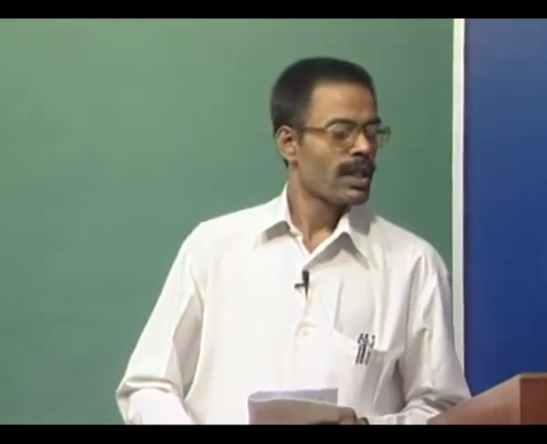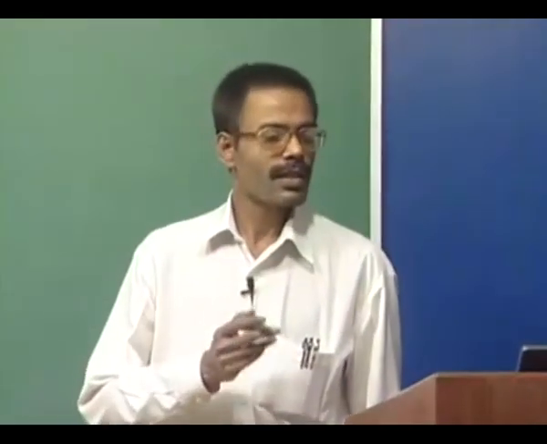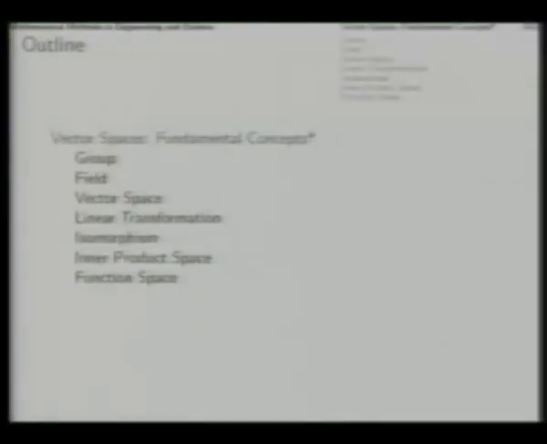Welcome. This is the last lecture in the module of linear algebra. This lecture is a little abstract. In this lecture, we try to consolidate all the conceptual ideas on which we have worked till now from fundamental concepts of vector spaces.